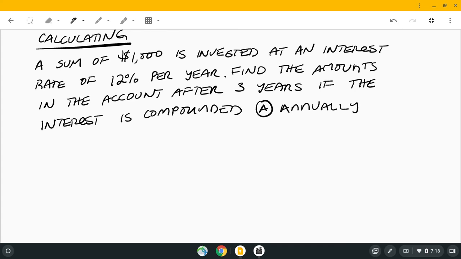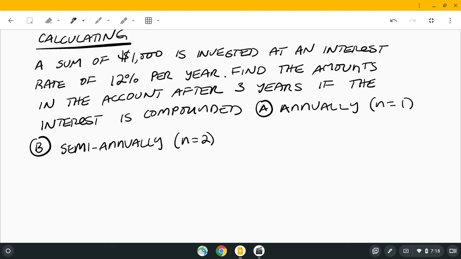If it's compounded annually, how many times per year is this happening? Once. So if it says annually, n equals 1. B, semi-annually. If it's happening semi-annually, then it's happening twice, so n equals 2, twice a year. If it says quarterly, then it's happening 4 times.